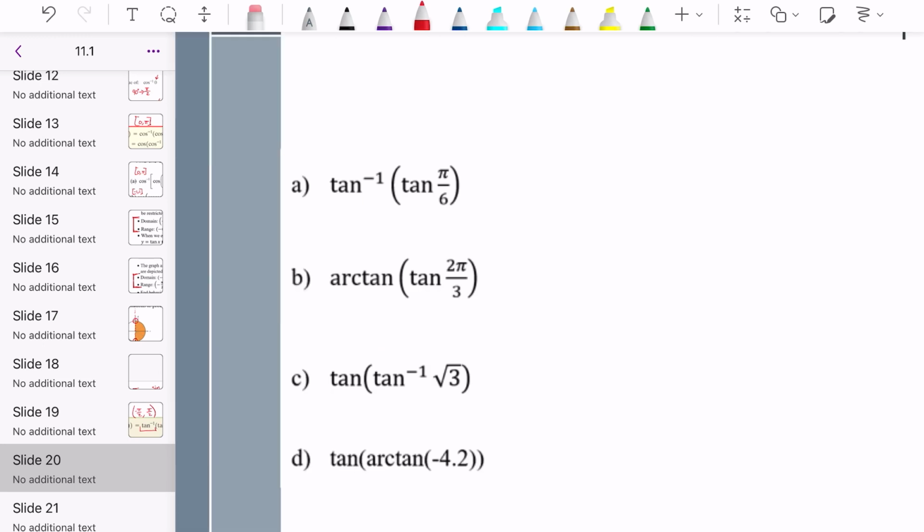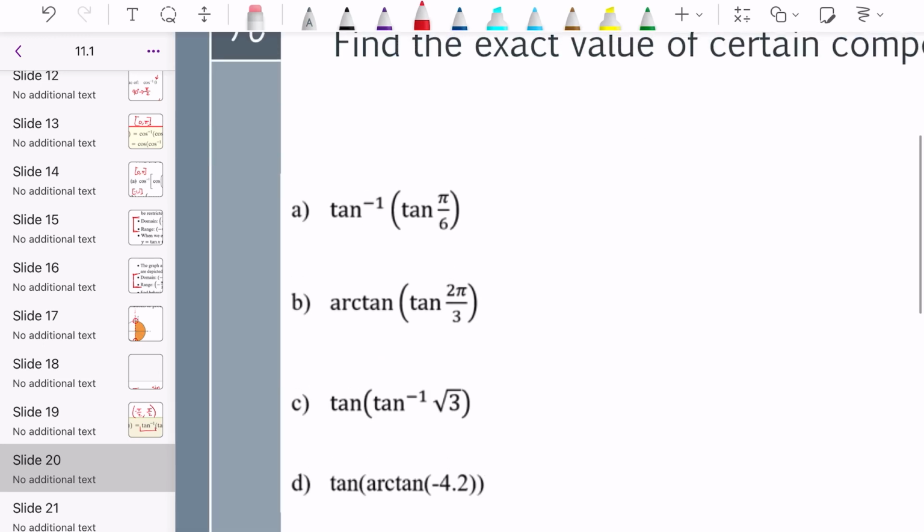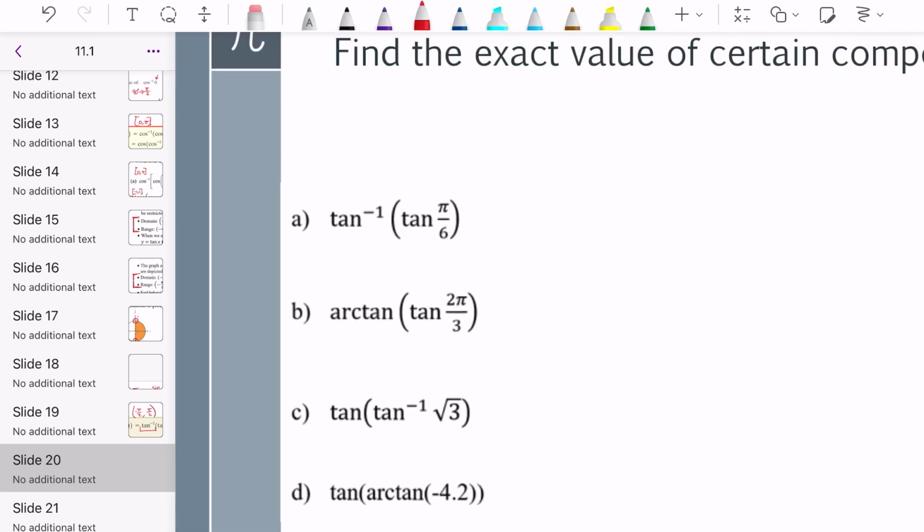In the sample problems we are going to be working on, we would repeat the exact same process that we have been doing up to this point. First, we write down the range that we are looking at. In this case, the range for an inverse tangent would be negative pi over 2 to positive pi over 2, with our parentheses.